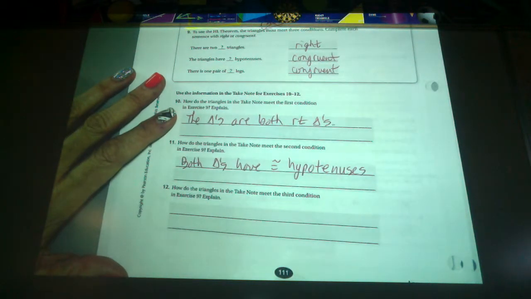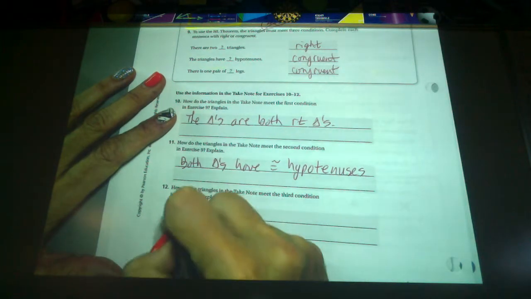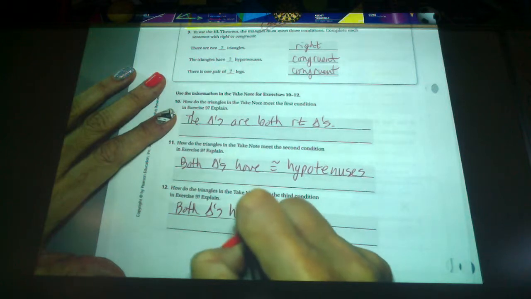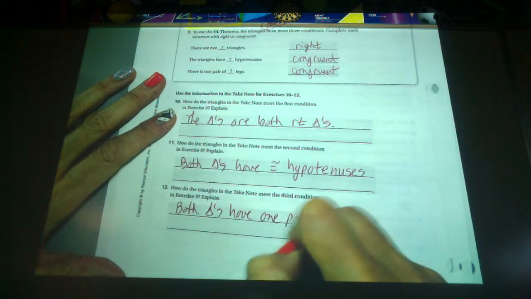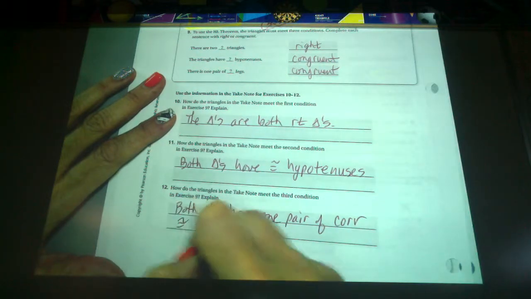And then, what's the third condition have to be? They have to have one pair of corresponding congruent legs. So both triangles have one pair of corresponding congruent legs.